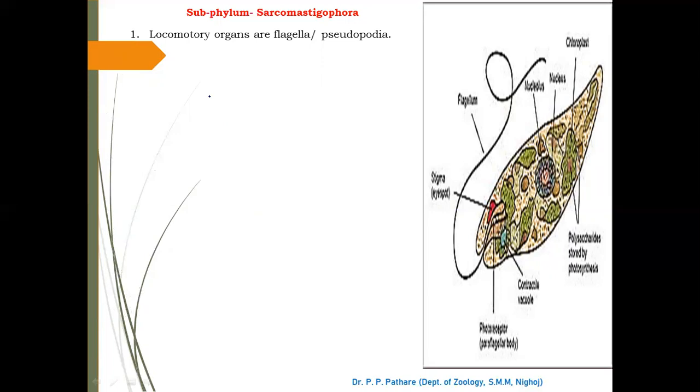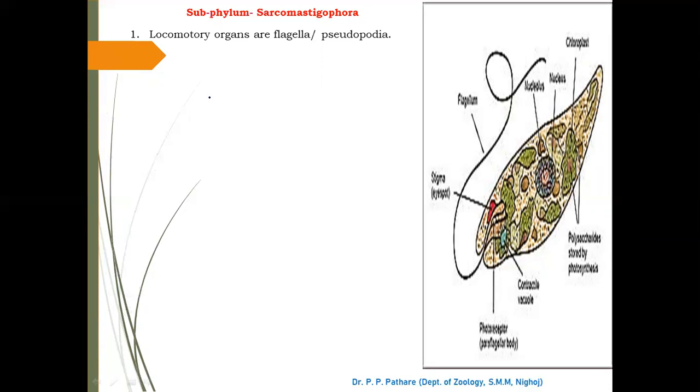During the study, you can study some basic diagnostic features of a particular organism, particular protozoans, and then after the study of these characteristics, you can keep your protozoan in a particular subphylum or particular group of protozoans. Now, the first group of protozoans, that is subphylum Sarcomastigophora, shows some diagnostic features. So let us start to study the particular diagnostic features of Sarcomastigophora.